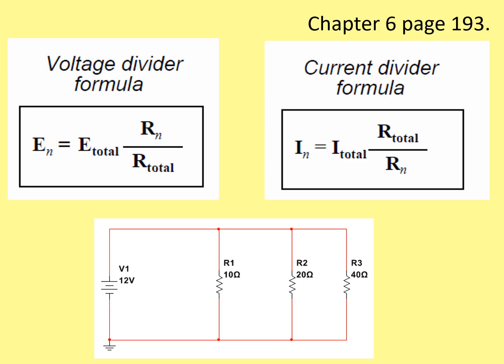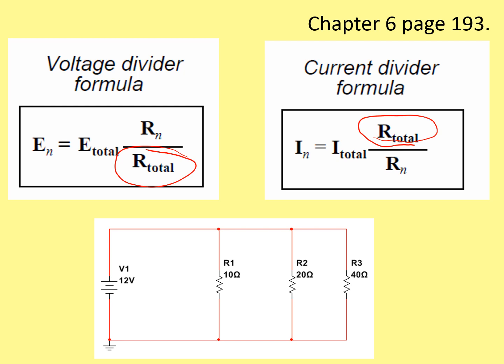So now we've got the current divider formula. I told you it was coming, and now here it is. What you'll notice is different is you still multiply the total current, just like the voltage divider formula. You multiply I total instead of V total, but you put the R total on top with the current divider formula. Notice the R total goes on the bottom with the voltage divider formula.